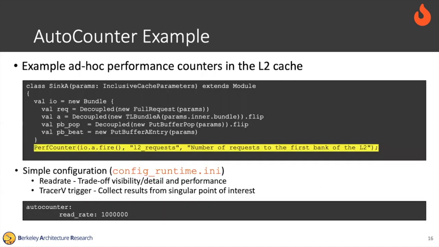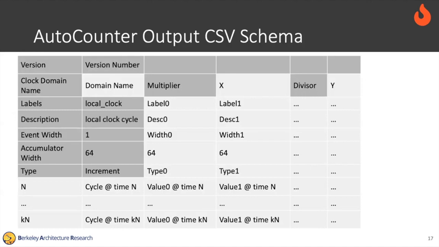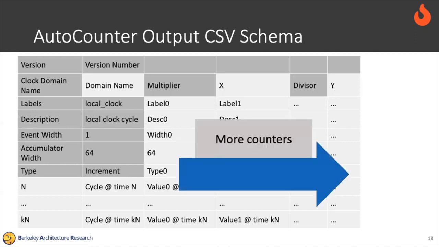Here's just an example of using AutoCounter. We're not going to do any of this interactively, so I'll leave this for you to look at in the slides. Just as a quick example, what happens when you run AutoCounter? You get a CSV like this. A lot of this is not super important to understand right now. But basically, you're going to get one of these CSVs per clock domain in your simulation.